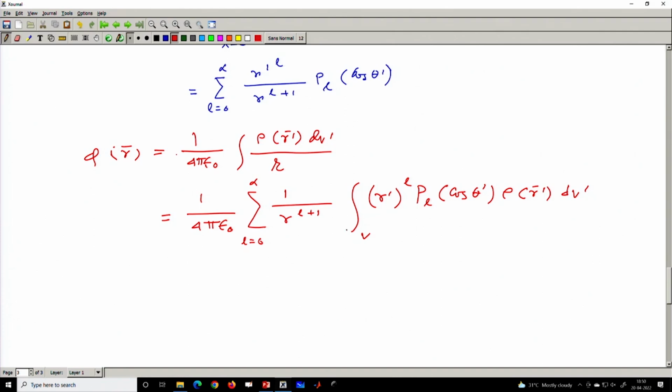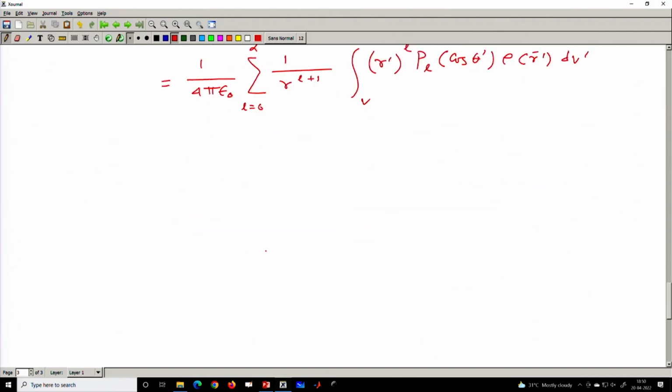So, the potential can be expanded in terms of a series, and if I expand this, I will get the terms. Let us do that: 1 by 4 pi epsilon 0, and the first term is 1 by r. By taking L equal to 0, I have rho(r prime) dv prime. This is my first term.